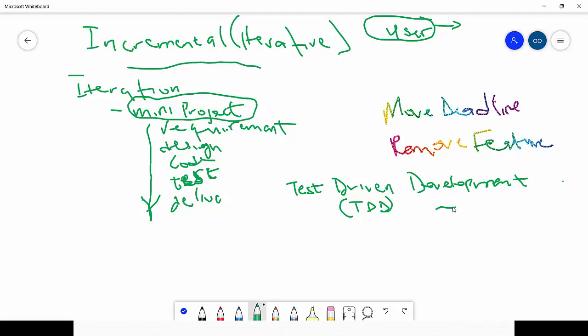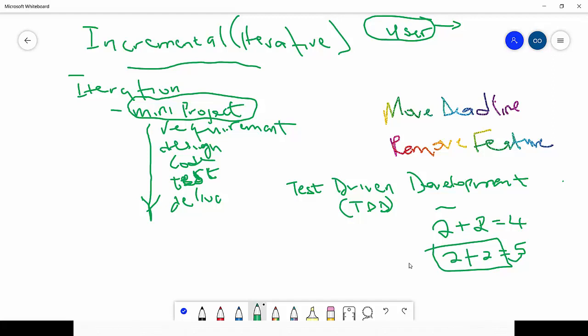If you want to write a program that adds 2 and 2 together to make 4, you should write a test making 2 and 2 not equal to 4, to equal to something like 5. So that by the time you write your program, your program should fail if the result is 5, right?